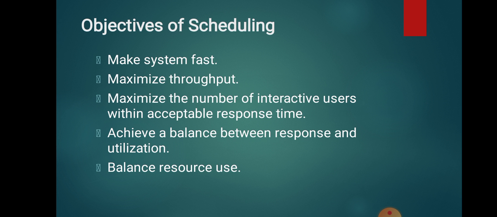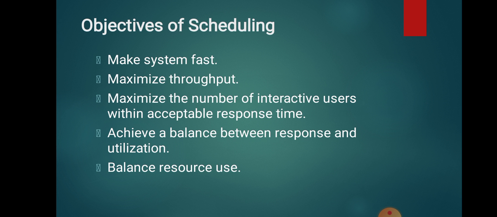Similarly, we can maximize the number of interactive users within the response time. The users are running various processes, so we can maximize the number of interactive users in a response time.